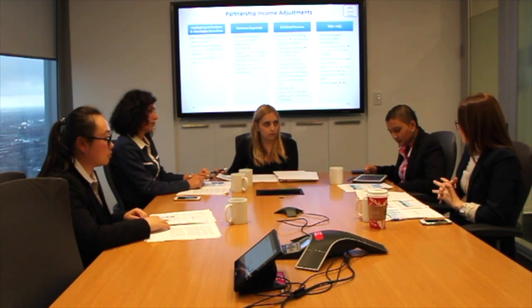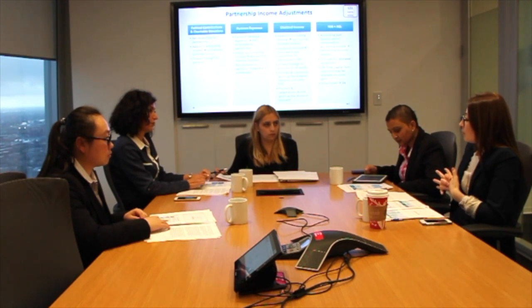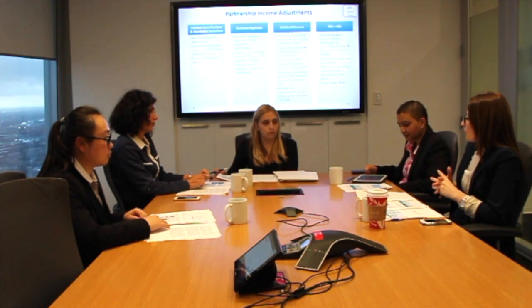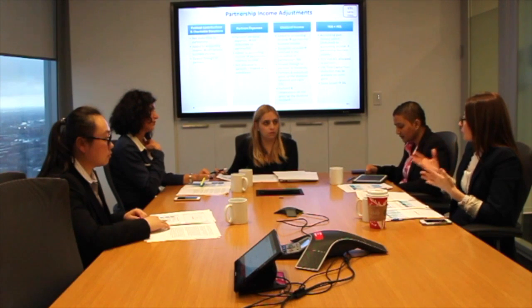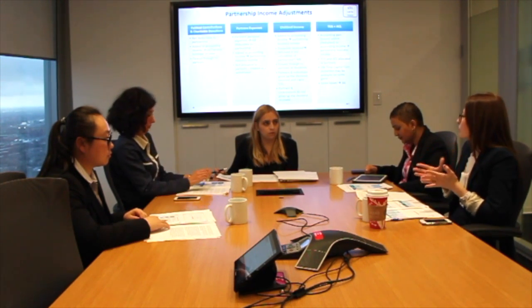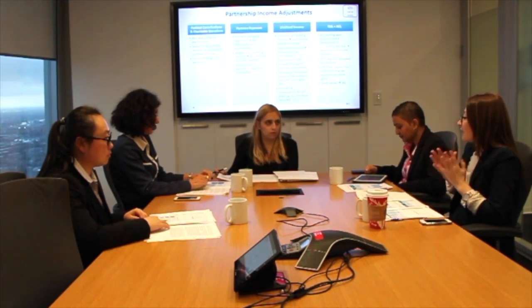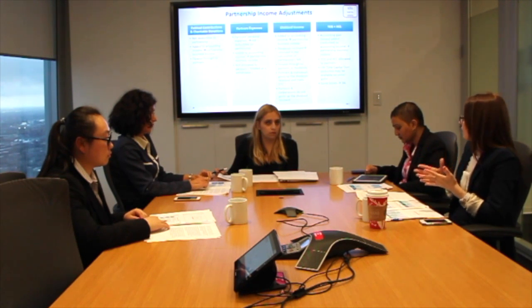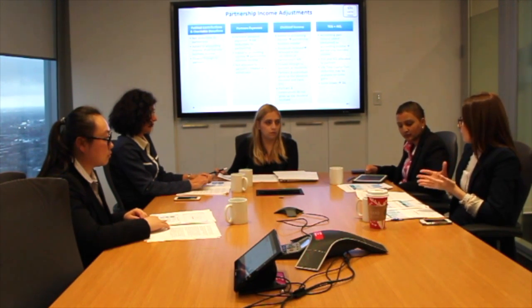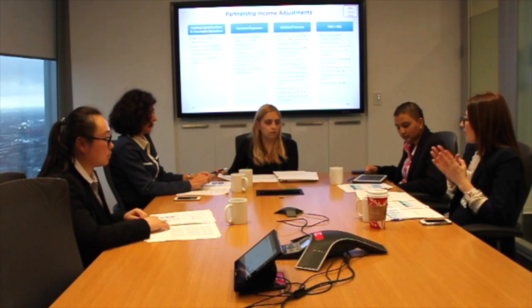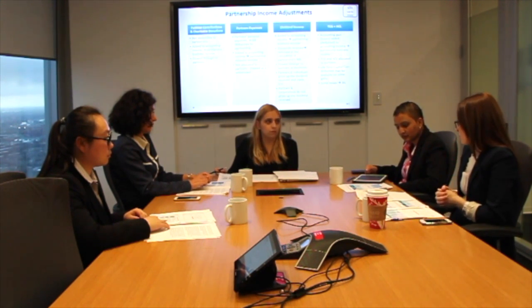The income is allocated to partners depending on their agreement. So whether proportional or prorated, it depends on what is stipulated in the agreement. It has to be reasonable, because the Canada Revenue Agency will consider whether the method is reasonable.